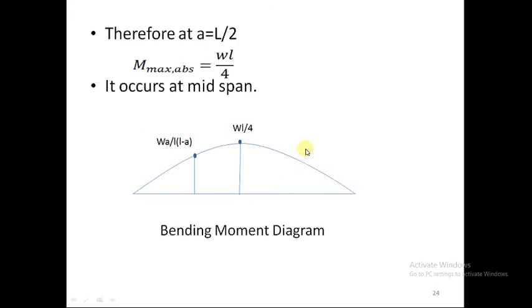You can see that the bending moment diagram is not, as you have earlier found for a simply supported beam with a point load at the center or anywhere, a triangular shape. Since the load moves from one end to the other, if you go on plotting the bending moment at every position, it will be a parabola like this. Hence the representation of the bending moment diagram is a parabola.